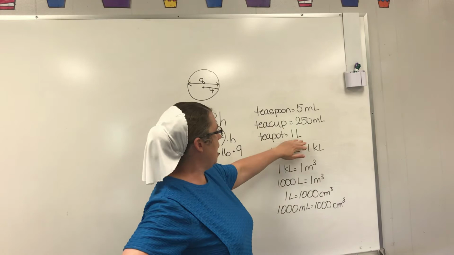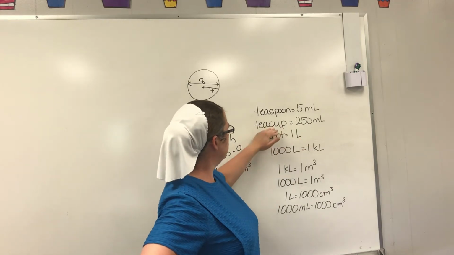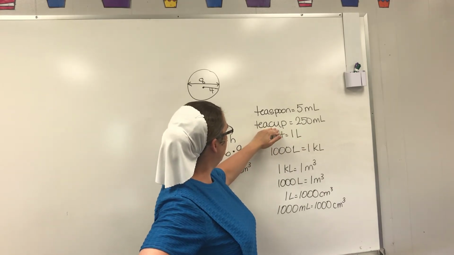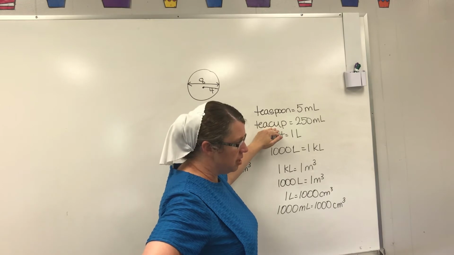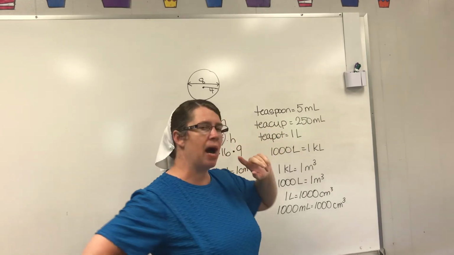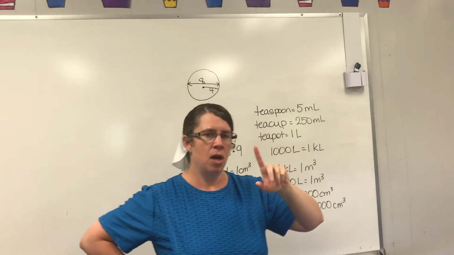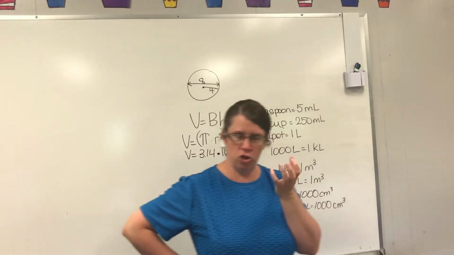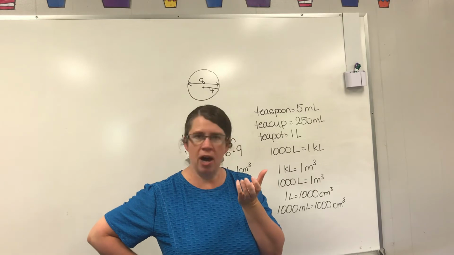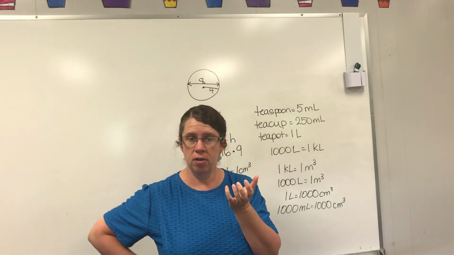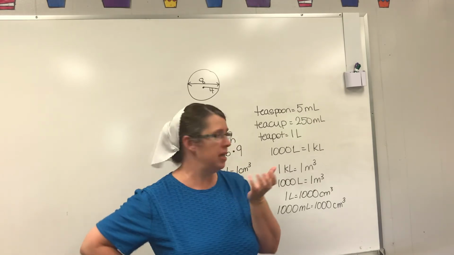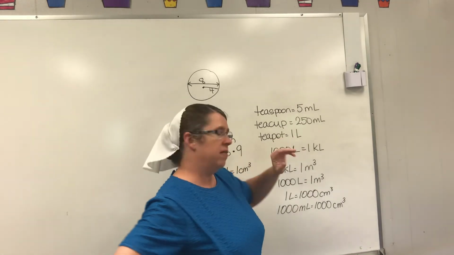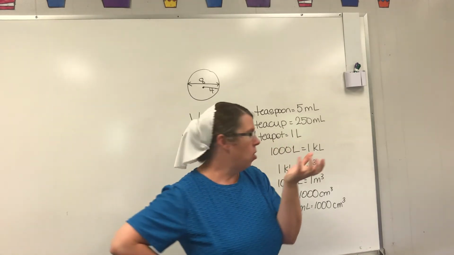So let's look here. Well, first thing they say is liters. Okay, so a teapot holds 1 liter. A teapot holds 1 liter. So would a soup ladle hold 150 of those? Could we get 150 liters in a soup dipper?